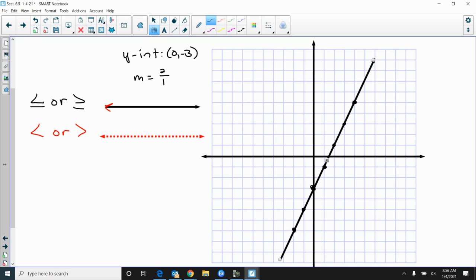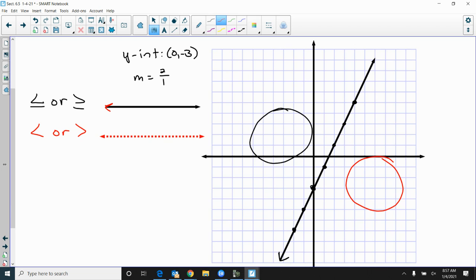And make sure you put arrows on it. Now, here's what it does. This line cuts it in half. Either one half works and the other half doesn't work. So all the answers above the line work and all the answers below the line don't work, or vice versa. It's not the line itself. That is just kind of a boundary.